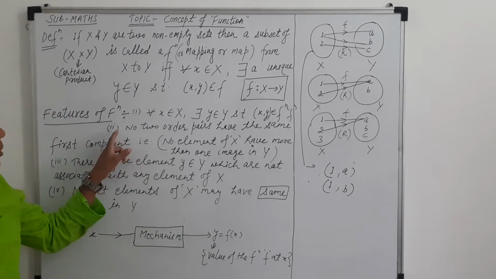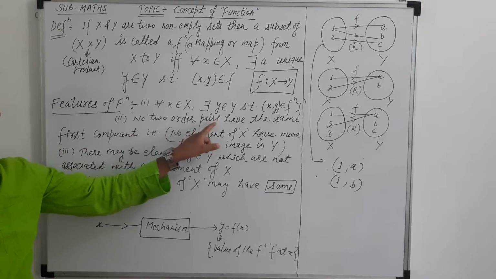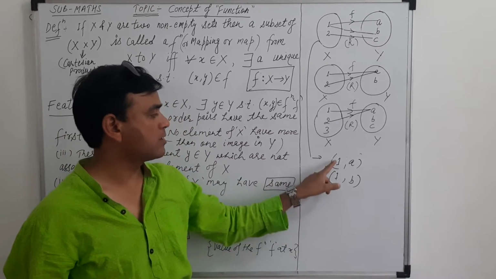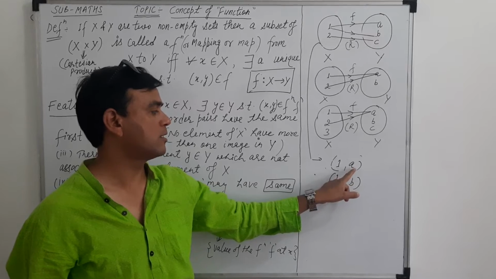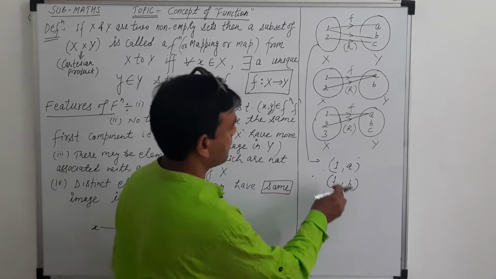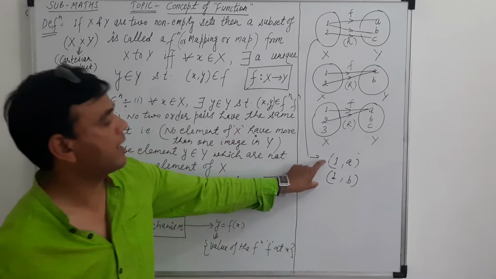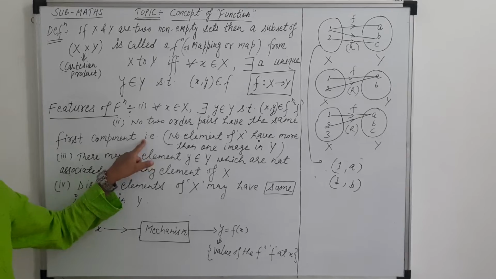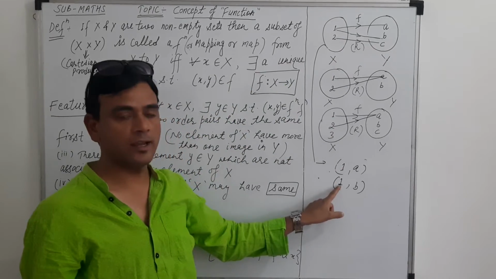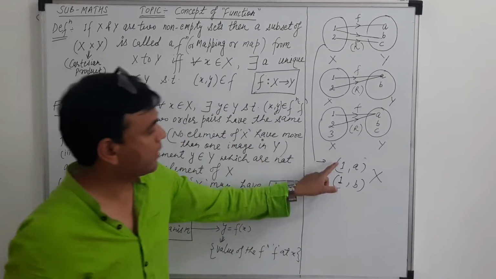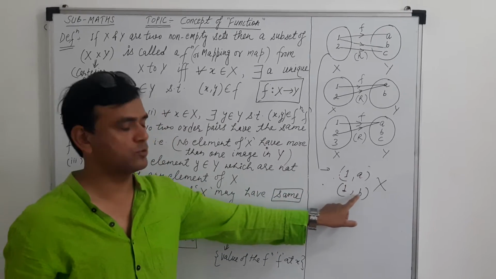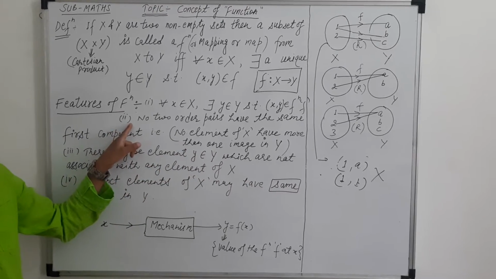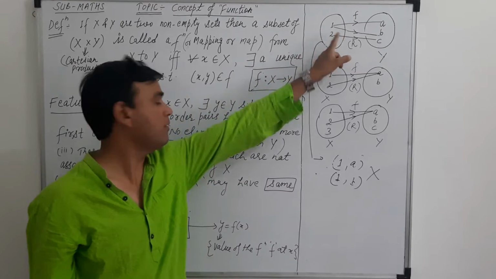According to the second feature, no two ordered pairs have the same first element, but here the same first component is associated with different elements in Y. This should not happen in the case of a function. This is a relation, but it cannot be a function because 1 is associated with a and again with b. So this spoils the second property.